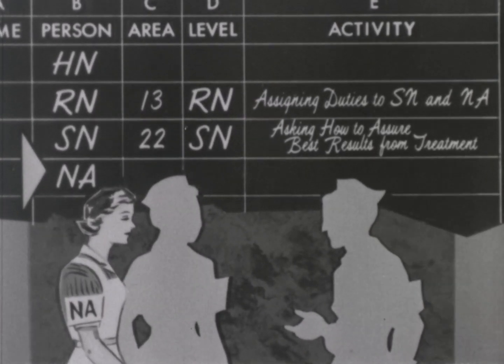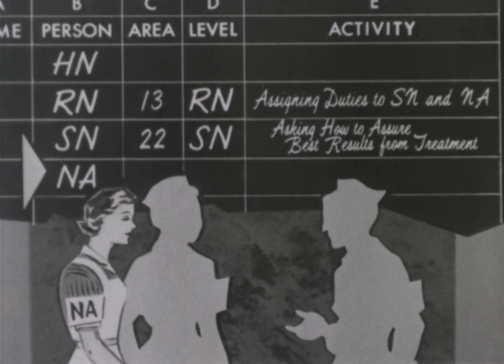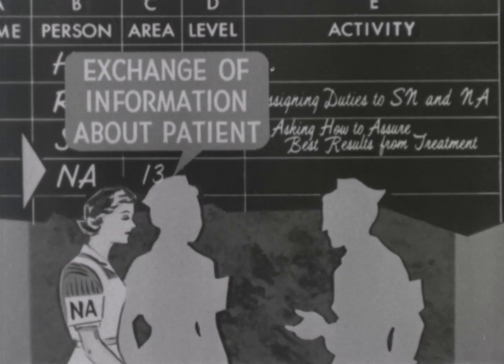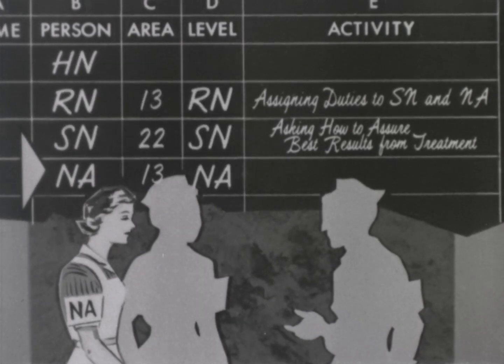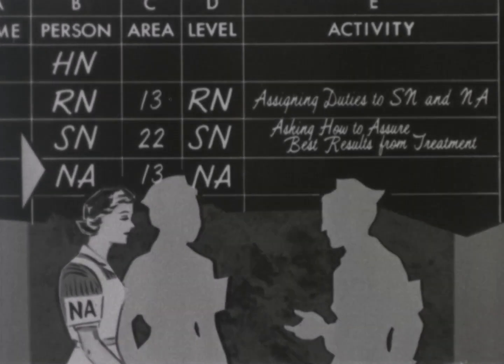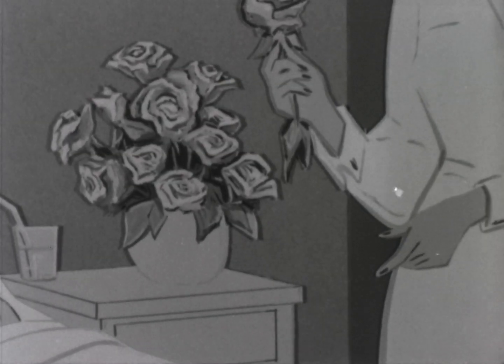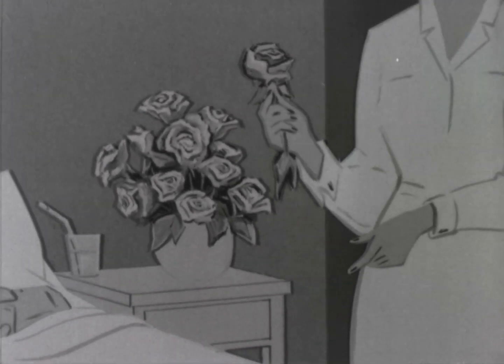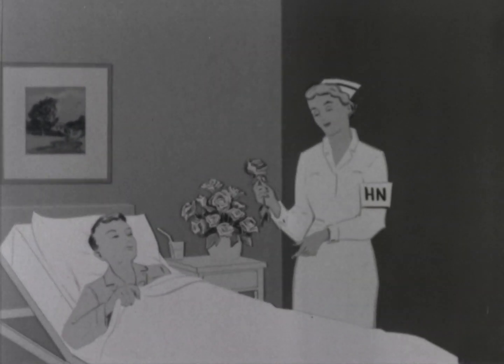The nursing aide has been listening to this exchange of information. Her activity is coded Area 13 at NA level. When an activity is not at the level of the person performing it, the observer must learn the reason behind it. The head nurse is arranging flowers at a patient's bedside.